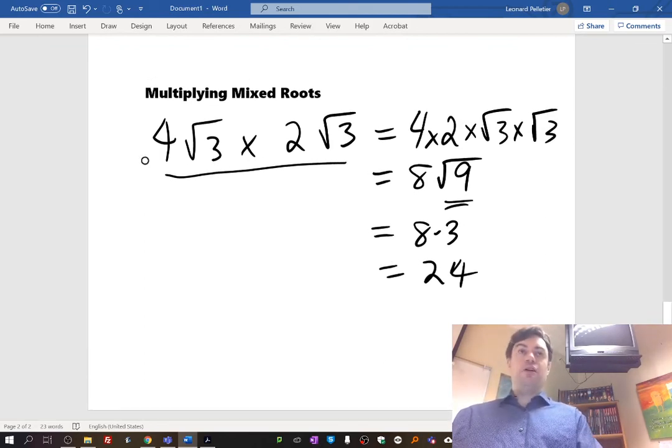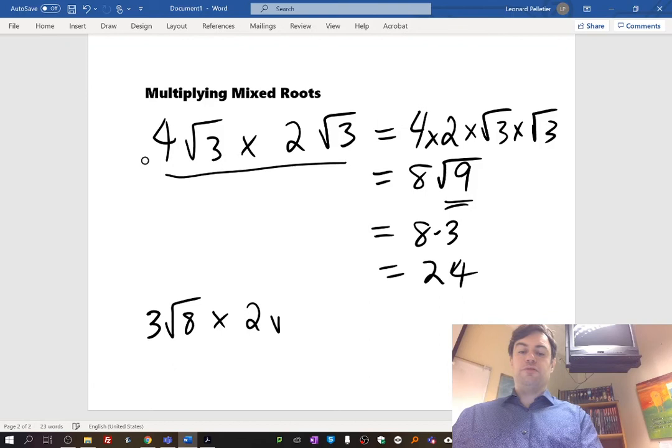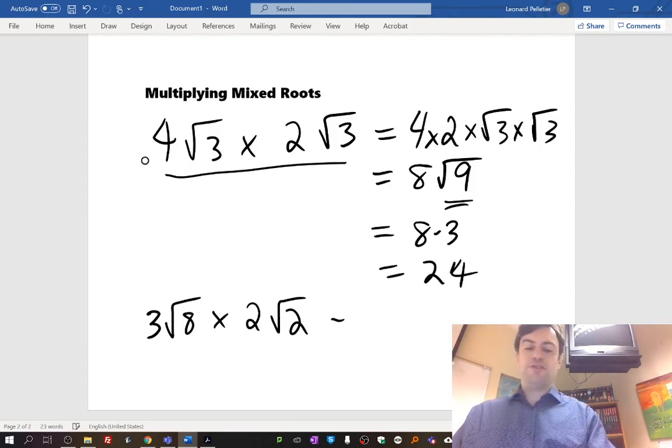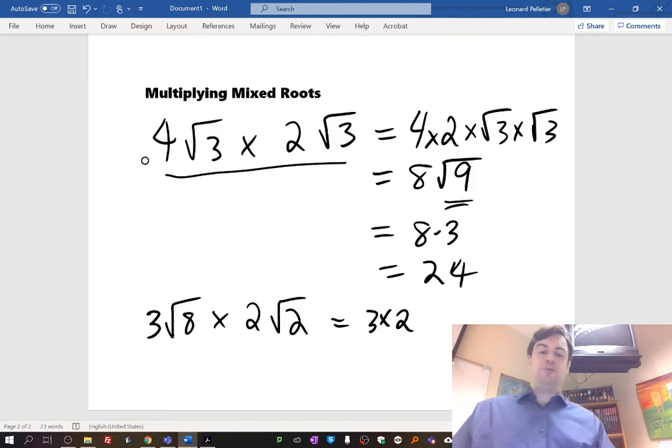One other example we could do is maybe 3 root 8 times 2 root 2. If I was multiplying these together, again, I can just multiply the plain old number part, so 3 times 2, with the root parts multiplied together.